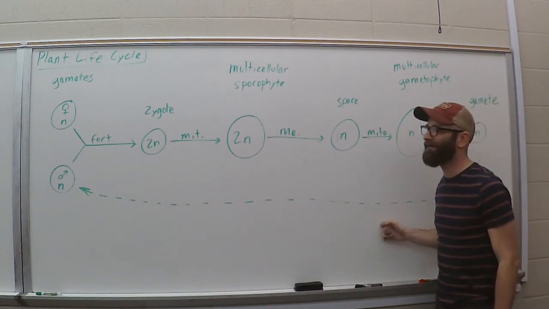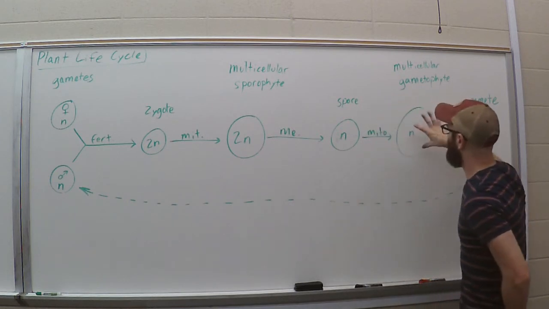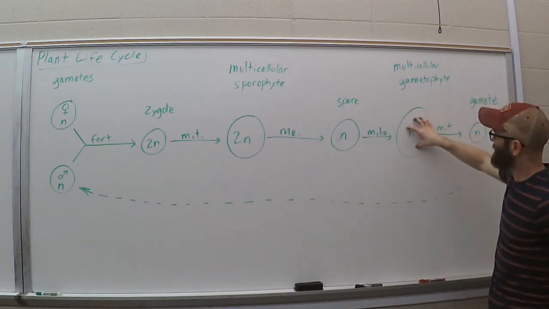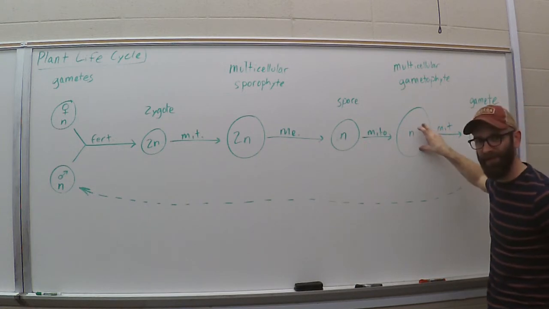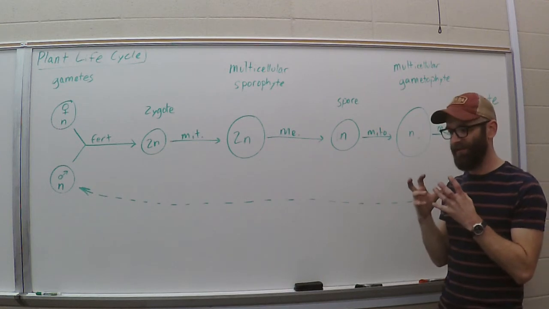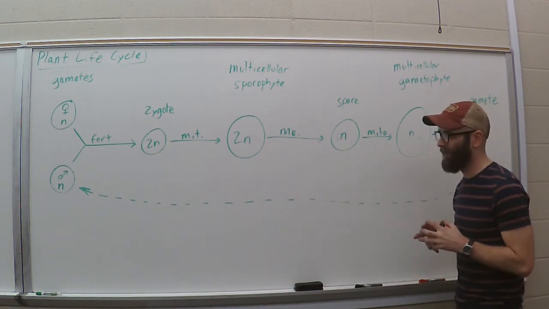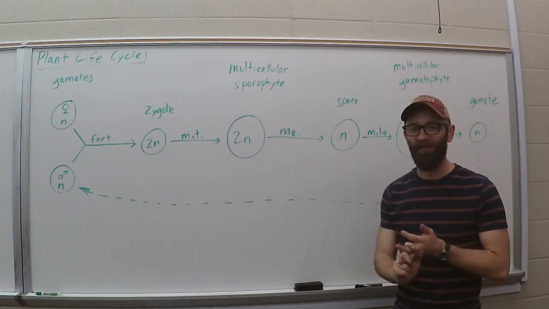And the reality is, most plants have actually evolved to the point where the multicellular haploid organism is buried within the flower of a plant. There are some exceptions. Ferns.